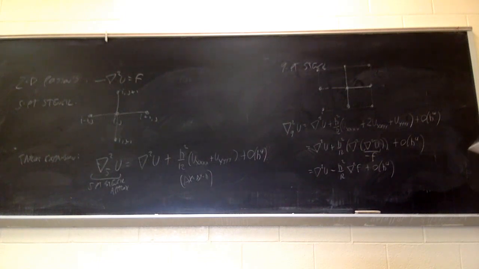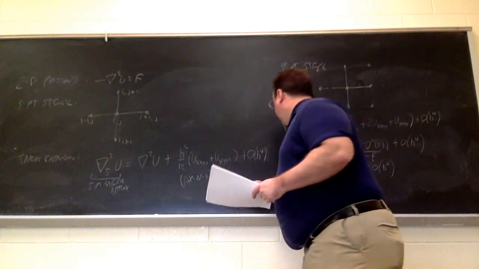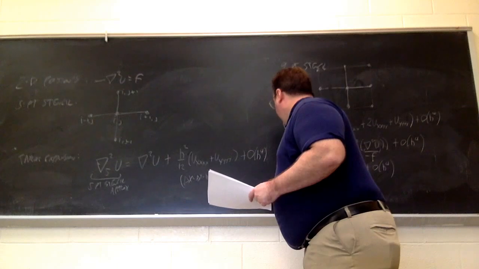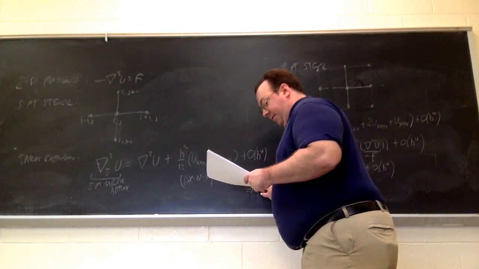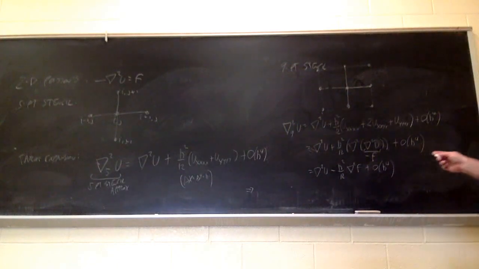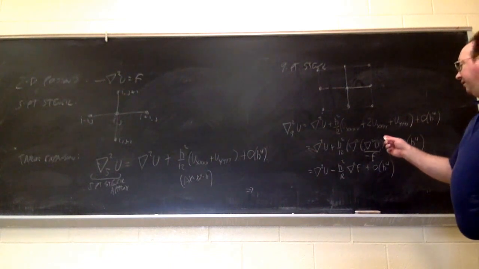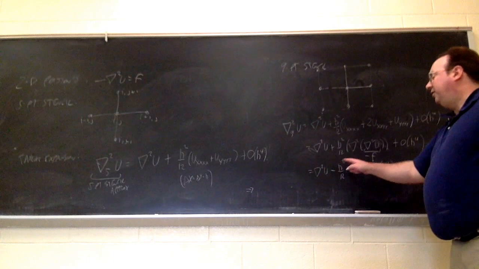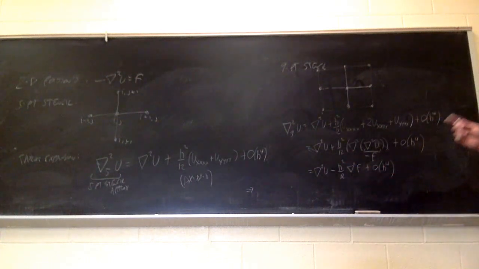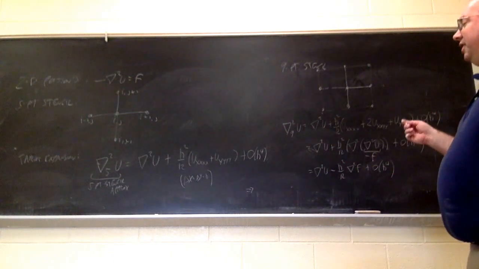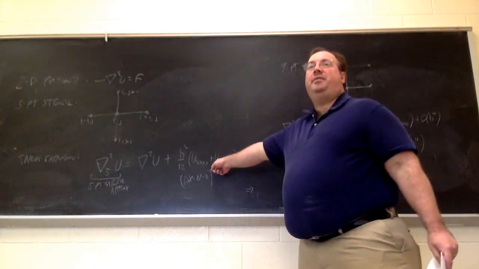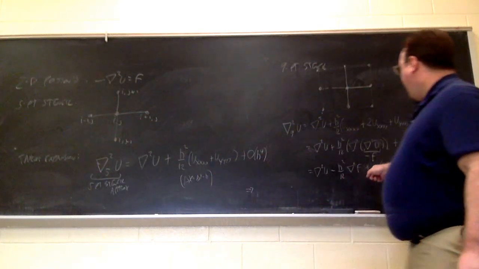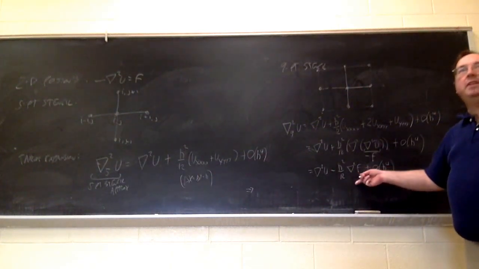So now what that means is I can cancel out this error term because this is something I can actually compute. Since I don't know the exact solution, I can't compute the other exactly, but I can compute this because I know what f is.